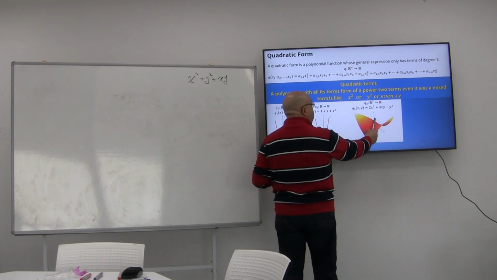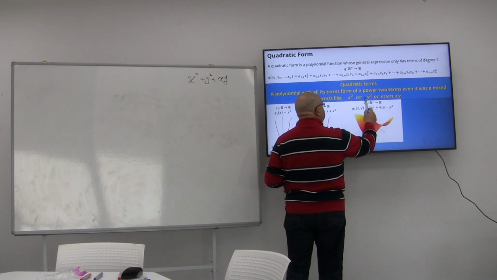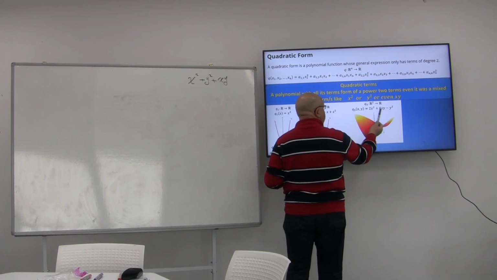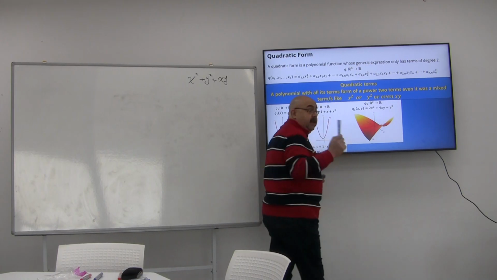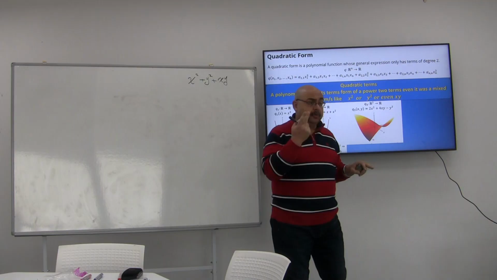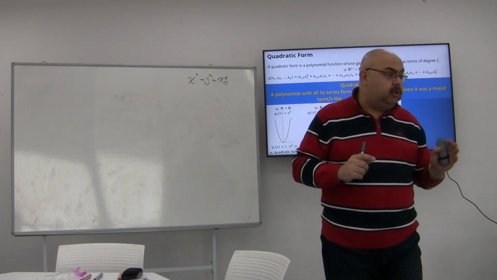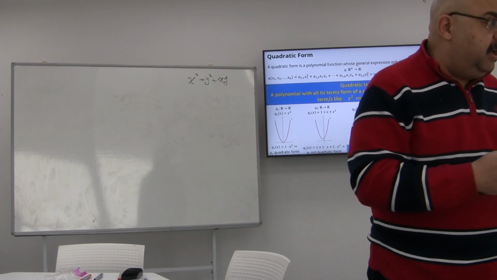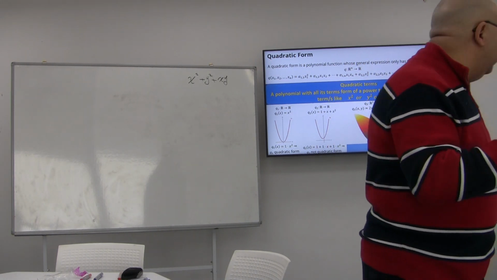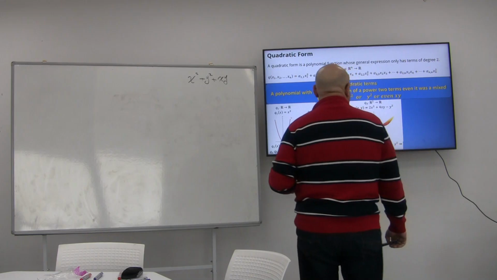If you look at this one, Q3 from R2 into R, this function is given by 2x squared plus 4xy minus y squared. If you remark, the three terms have a power of 2. Even the mixed term, which is x to the power of 1, y to the power of 1, multiplying them together, you end up with a power of 2. So this is also a quadratic form.